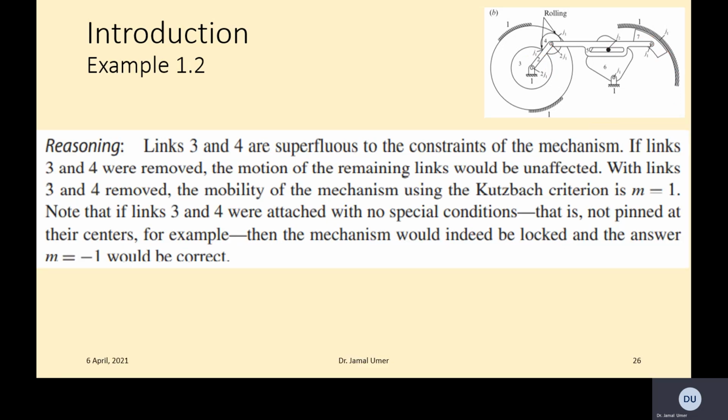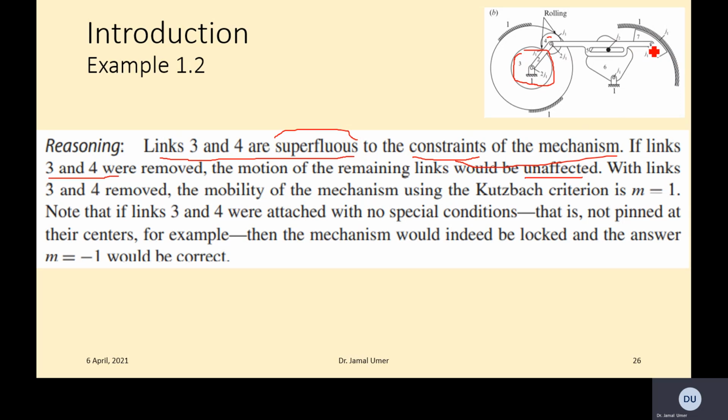Now the last part of this one, the reason you need to explain. So what is the reason? Link 3 and 4 are superfluous. They are not necessary to the constraint of the mechanism. If link 3 and 4 were removed, so this is link 3, this is one of the drums, and this is another drum, the motion of the remaining links would be unaffected.